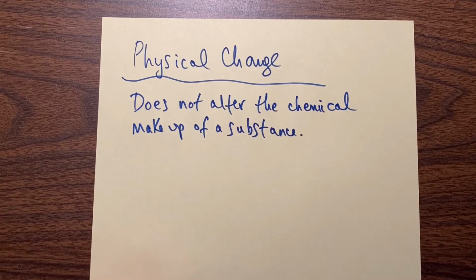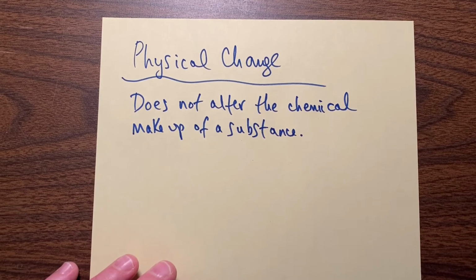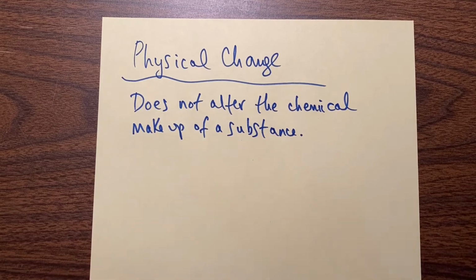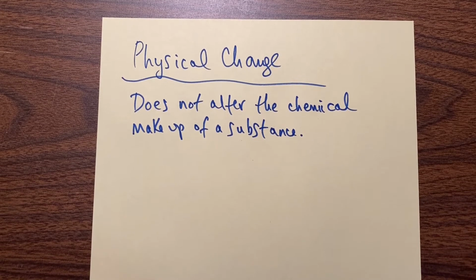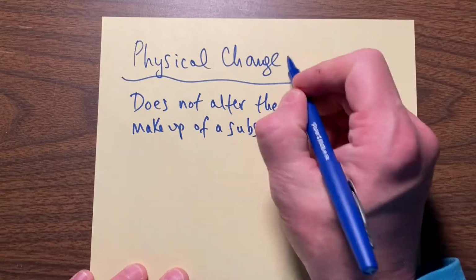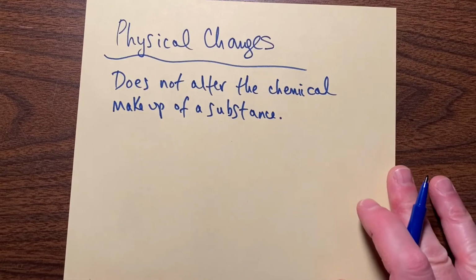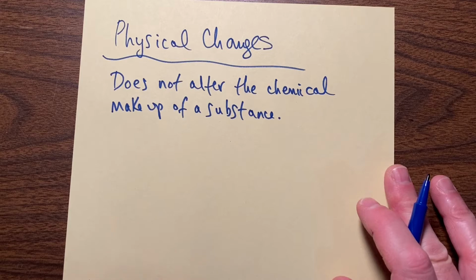I'll try to minimize how much writing I do. I'll just give you slides that you can make your own notes from. Its chemical reactivity is unchanged. Changes in state, changes in particle size, the formation and separation of mixtures. These are all examples of physical changes. Melting of ice, boiling of water, and things like that.